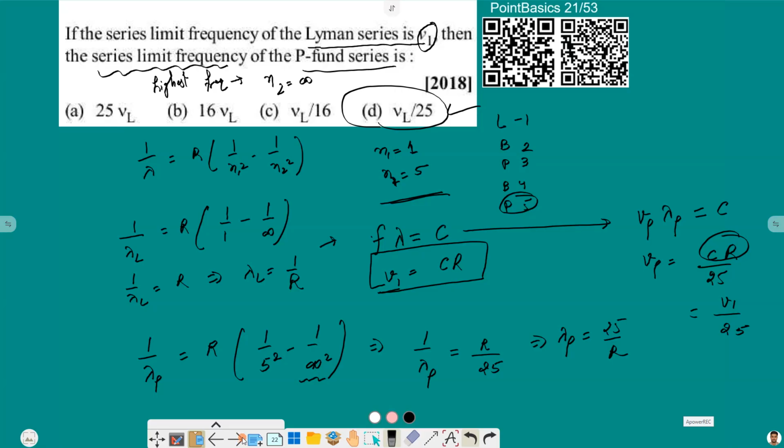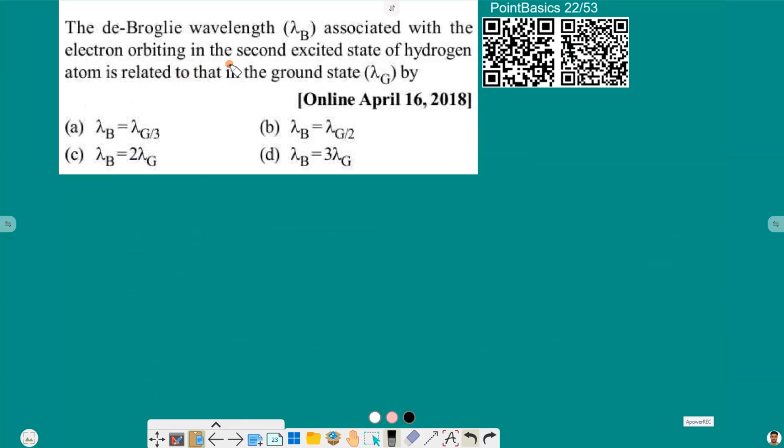Now move to the next one. The de Broglie wavelength lambda p associated with the electron orbit in the second excited state of the hydrogen atom is related to the ground state lambda g by? So here we have de Broglie wavelengths, and regarding de Broglie wavelength, we know that n times lambda n is equal to 2 pi r n, and we have already derived the relation in the previous one that lambda n is equal to n times lambda naught.